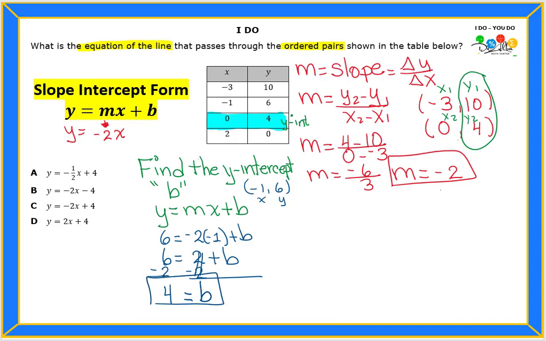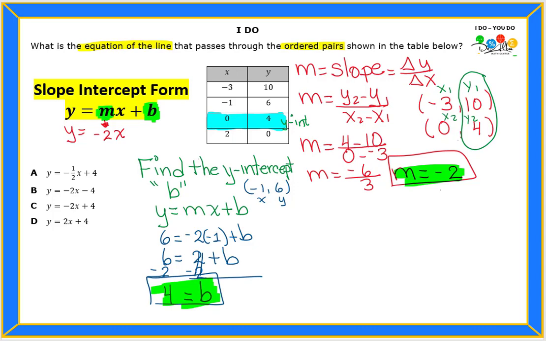And this is my y-intercept. So I got already my slope, and now I got the y-intercept, which means m is going to be replaced with a -2, and b will be replaced with a +4.